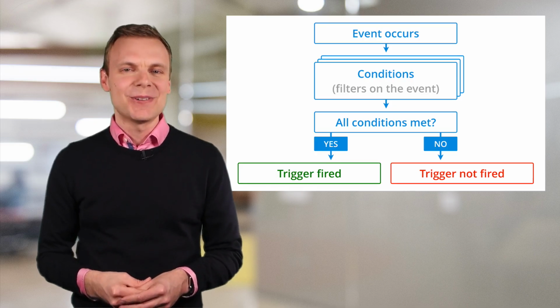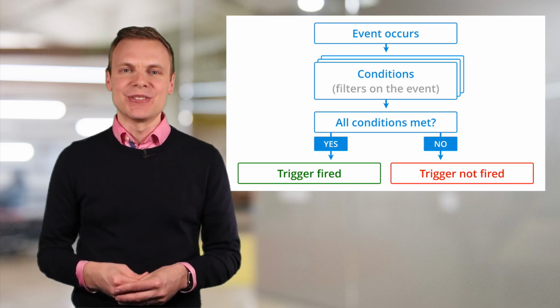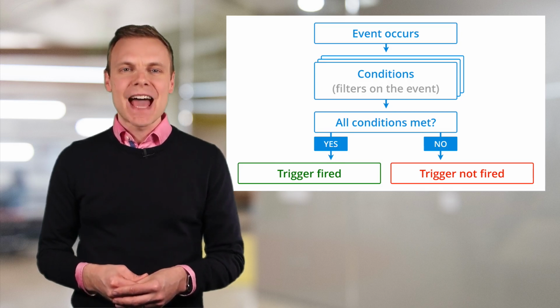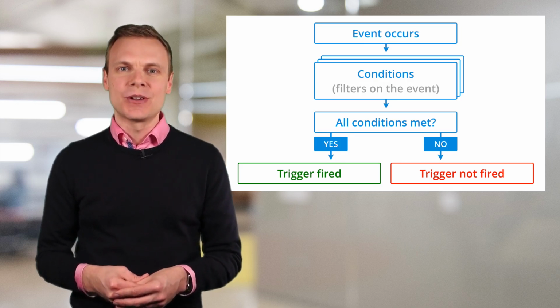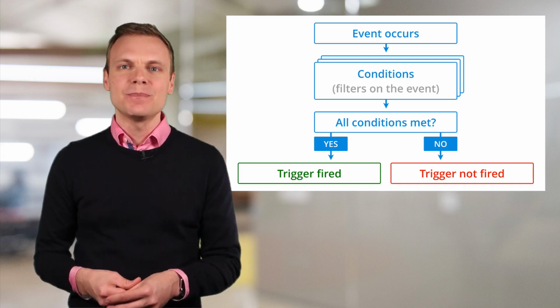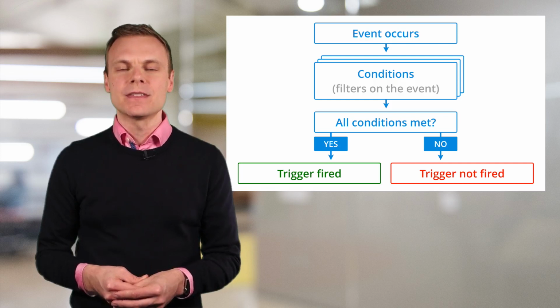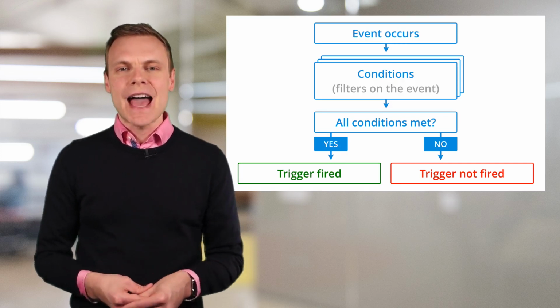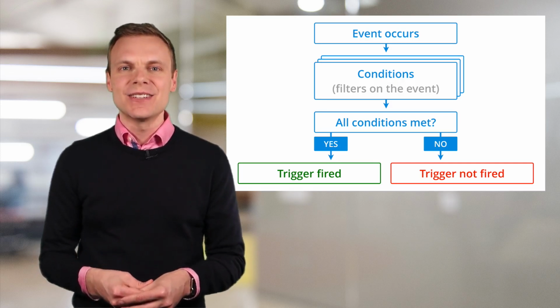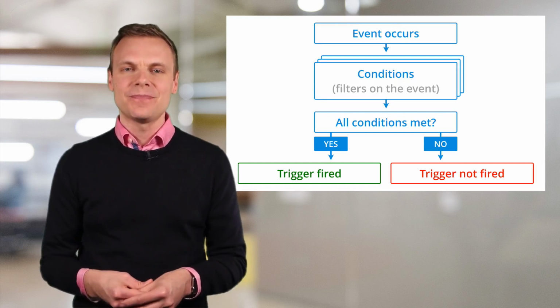Let's walk through how interactions, events, and conditions work together. Google Tag Manager is listening for an interaction to occur. This could be any interaction, but let's use the button example again. So when that interaction happens, the click on the red button, Google Tag Manager will check to see whether the conditions you have specified have been met.